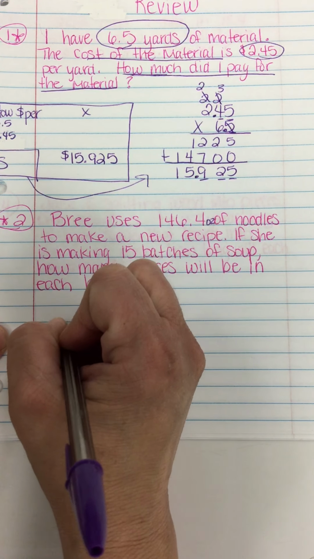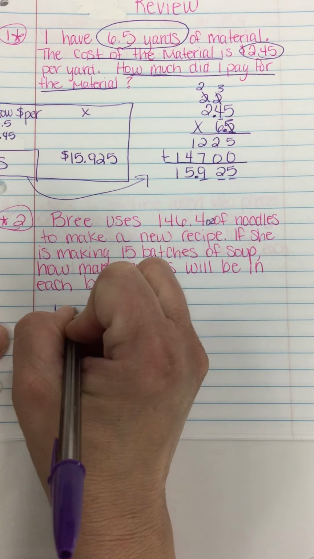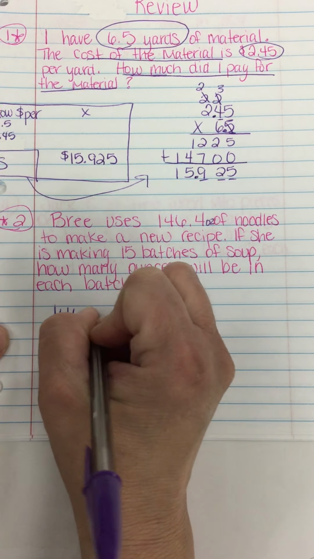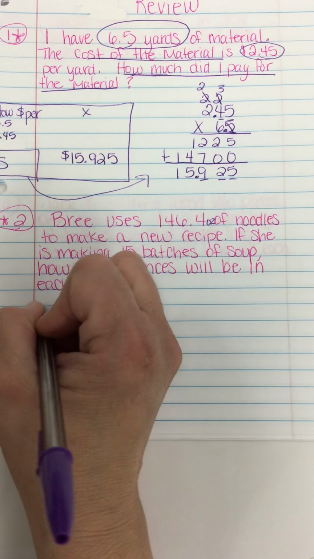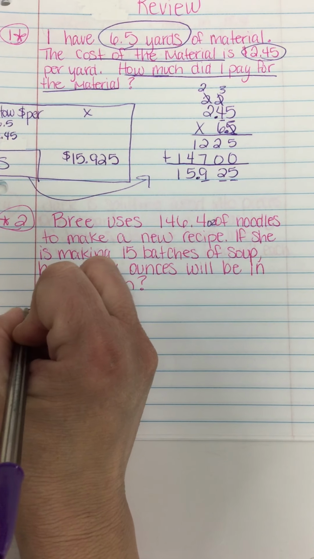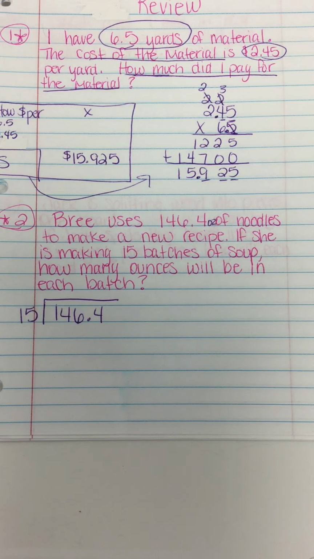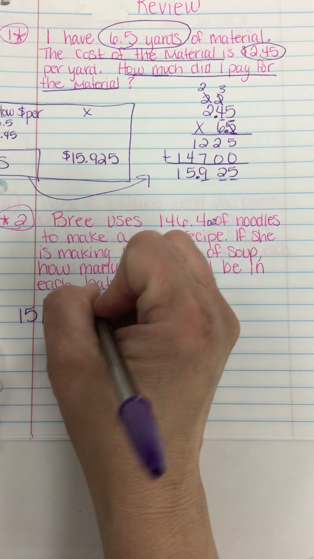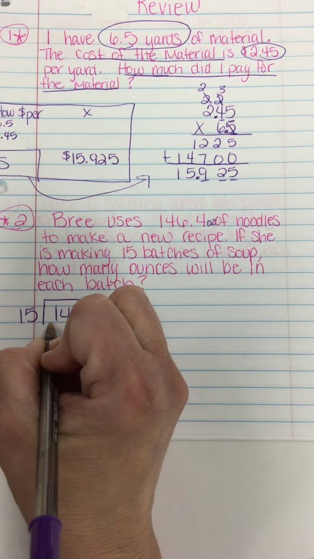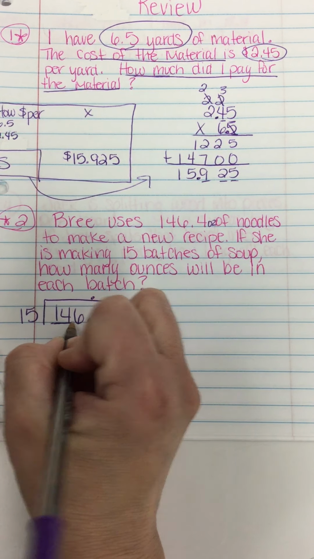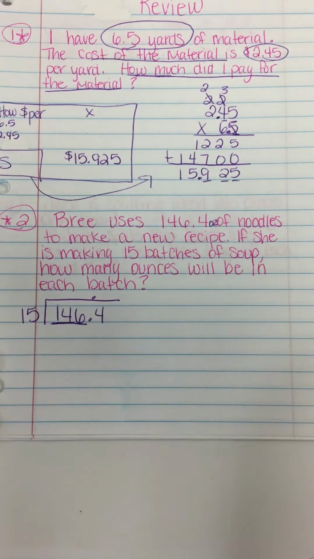So 146 4/10, and you're going to divide by 15. Okay, bring your decimal to the top. 15 won't go into 1, it won't go into 14, but it will go into 146.